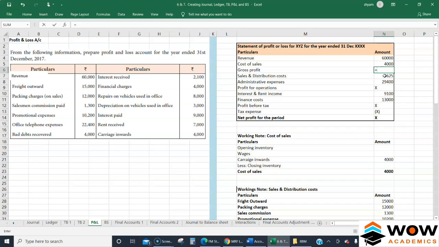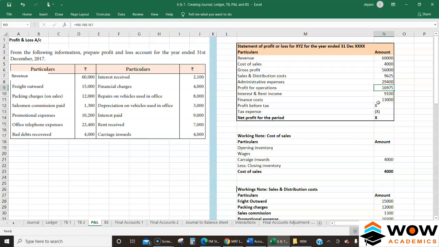So all we have to find out is the gross profit. Okay, so once you have found gross profit, you can find operational profit, which is gross profit minus the expenses. So we got operational profit.